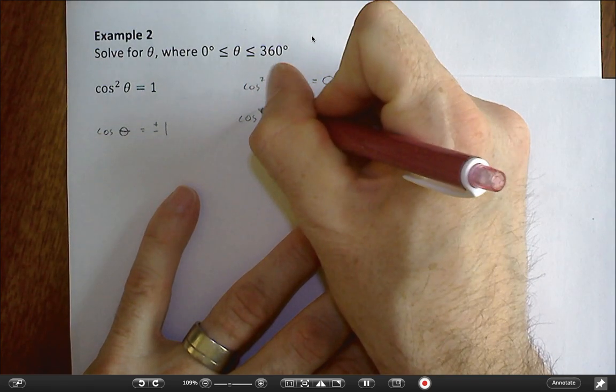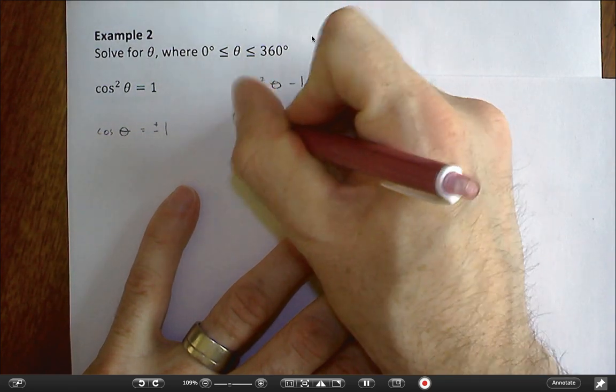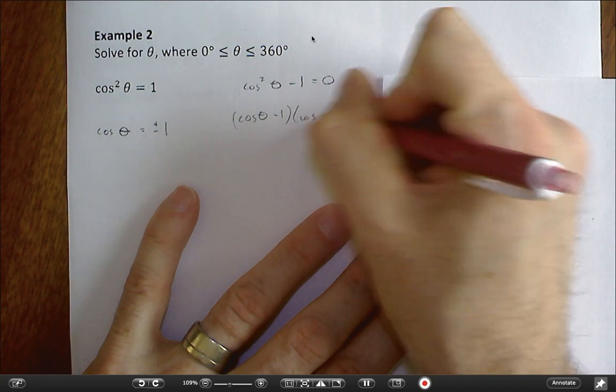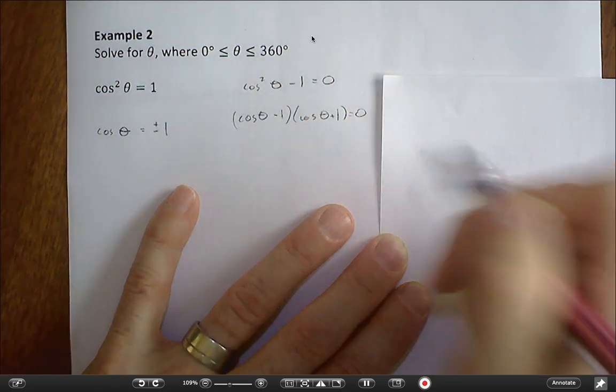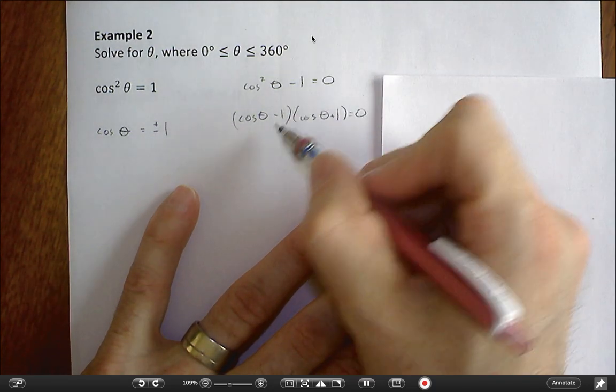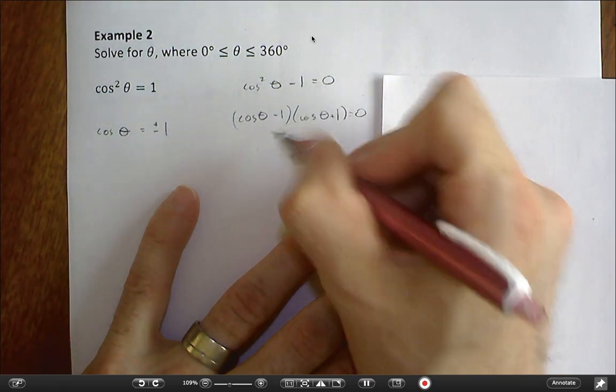So I get cosine theta minus 1, cosine theta plus 1 is equal to 0, leaving me with, I have to equate both factors to 0.